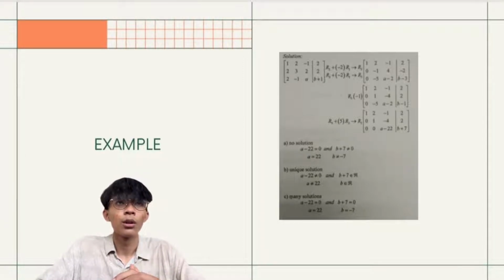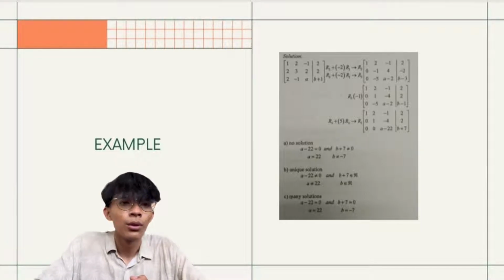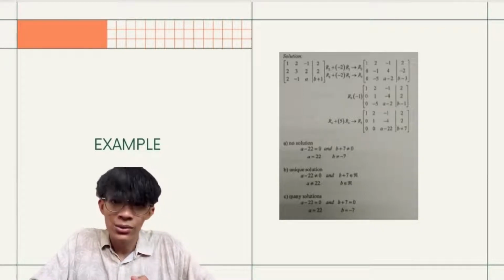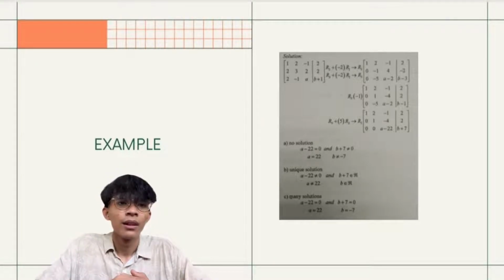First of all, row 2 plus negative 2 times row 1, and we get the new row 2. Then row 3 plus negative 2 times row 1, and we get the new row 3. Next, row 2 multiplied by negative 1 and we get this.